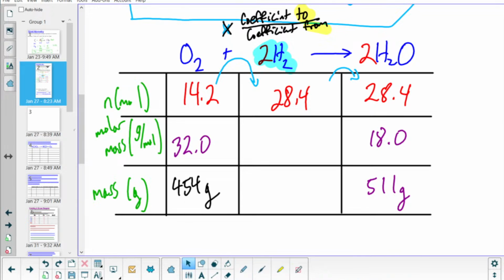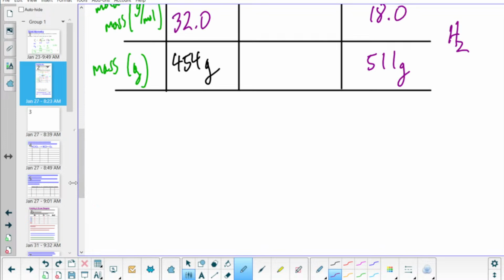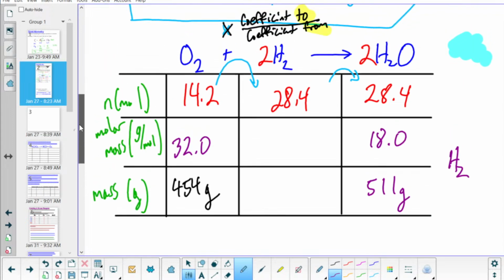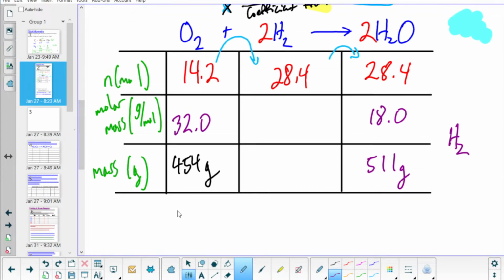This is a very common thing to happen as soon as you start balancing equations. When we have calculated the molar mass of H2, have we ever had to worry about the coefficient before this? We have not. We haven't changed what H2 is. H2 is still H2 gas. We just put it in an equation. If I had a different equation, C plus H2, no, I have to add oxygen.